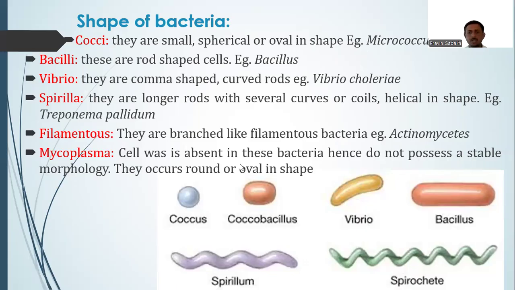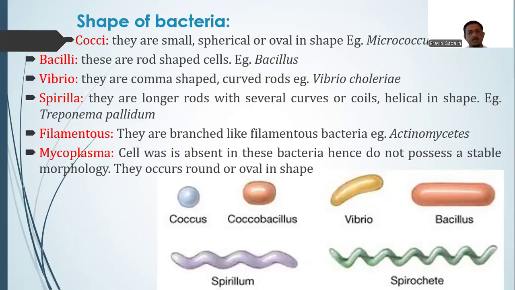So on the basis of their shape, we can differentiate that organism from one to another. Spirilla is another shape of bacteria. They are longer than the rod shape of bacteria that we have discussed in bacillus. They are longer rods with several curves or coils, helical in shape.